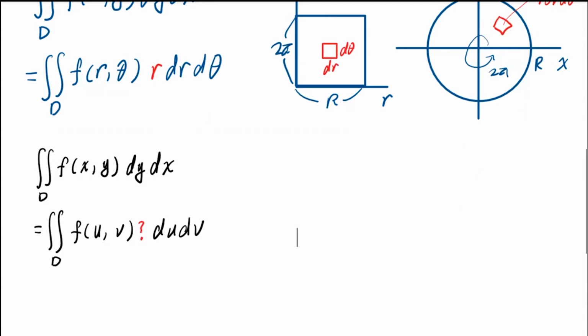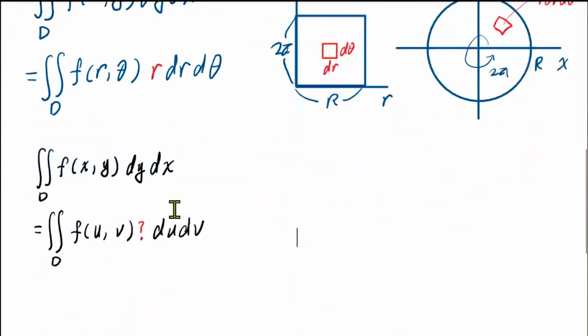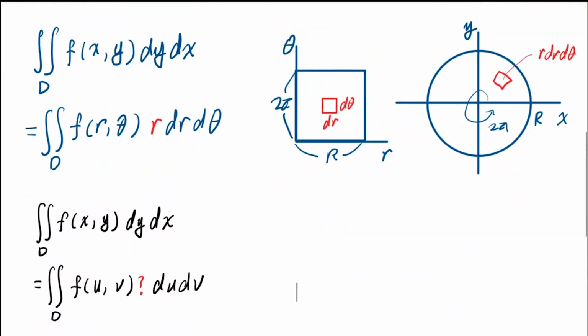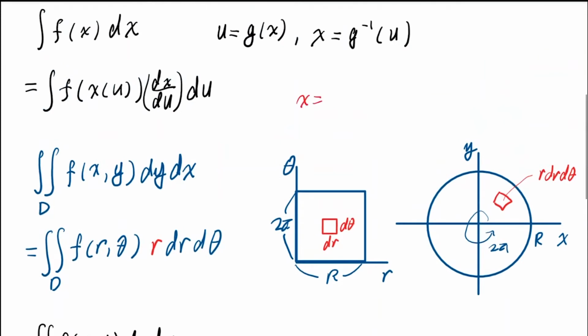As you found out, that happens to be R in this case, if it's polar. In one variable, it happens to be just dx over du in this case, right? But we have two variables, and it's not like x is related to u and y is related to v. No, it's not. For example, even in this example, see, x is r cosine theta and y is r sine theta, isn't it? You see, they are both related, intertwined. So coming up with a general formula for that is not really that easy. You get it?